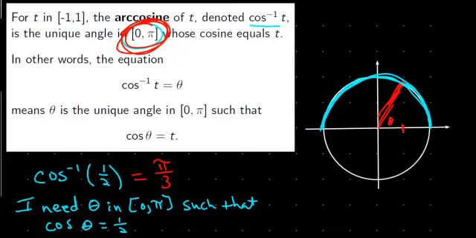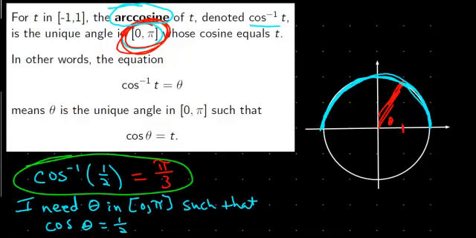Okay? And let me say one more thing. Your book doesn't use this much, but I really like using the arc cosine to name this function. That is, I'm going to repeat this problem, but I'm going to call it the arc cosine, arc cos of 1/2.